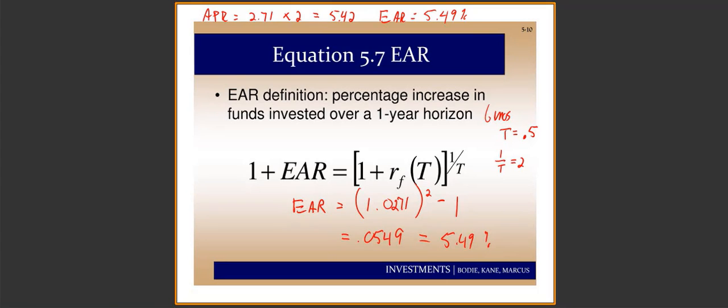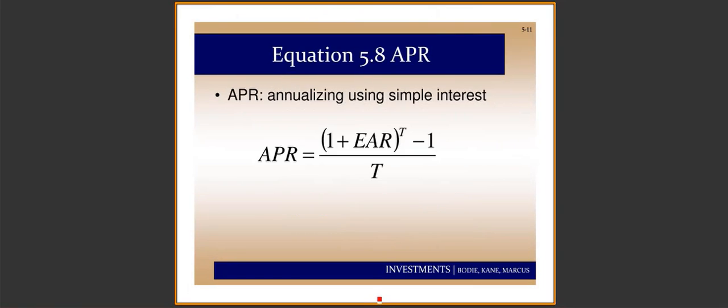So that's a difference between the effective annual rate, which takes into account compounding, and the annual percentage rate, which does not. Okay, I'm really not too interested in you converting annual percentage rate to effective or effective to annual percentage rate. So I'm not that interested in this formula.